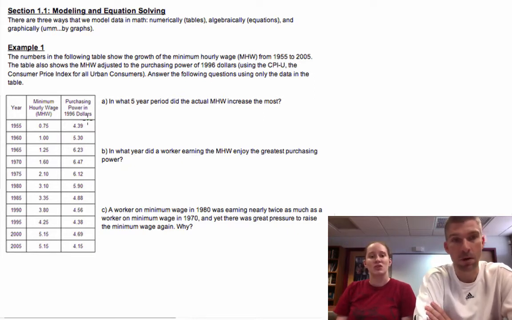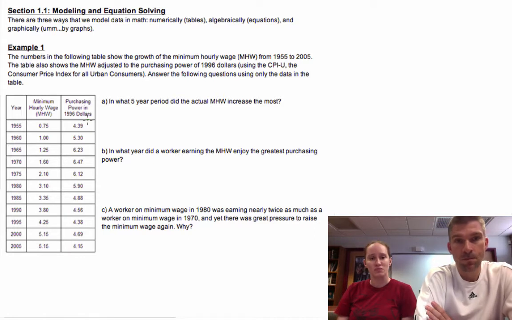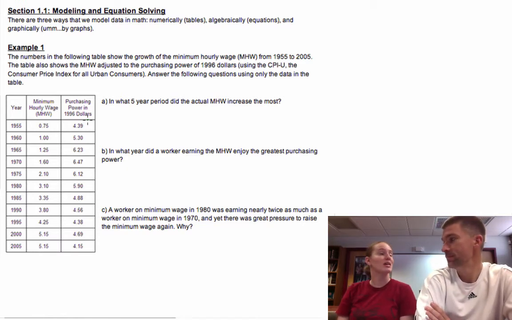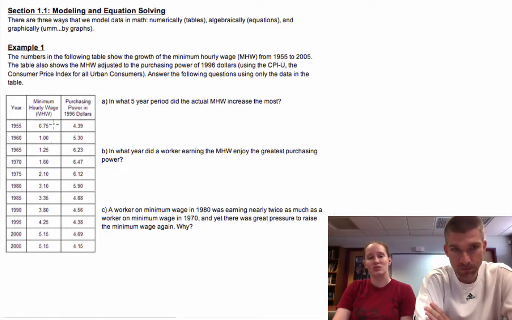So in this example, we are going to answer some questions. Part A: in what 5-year period did the actual minimum hourly wage increase the most? MHW stands for minimum hourly wage. That requires us to look between each of these and figure out which has the biggest gap.